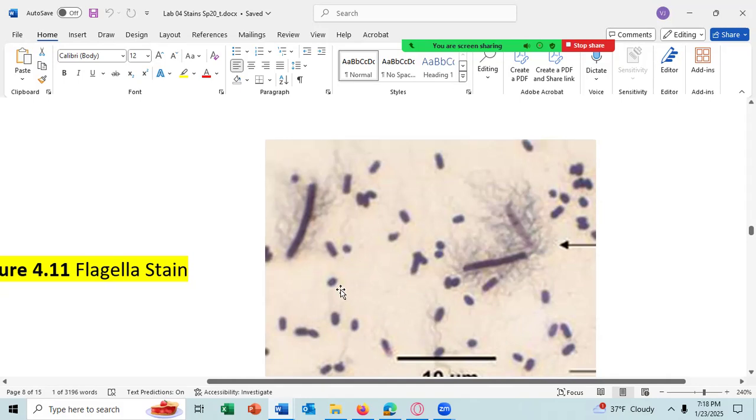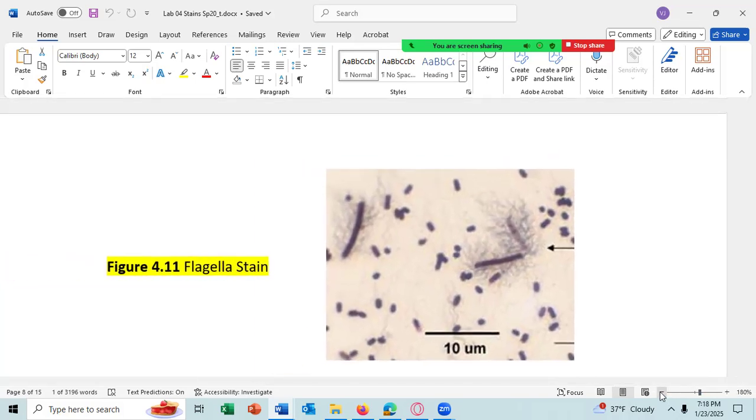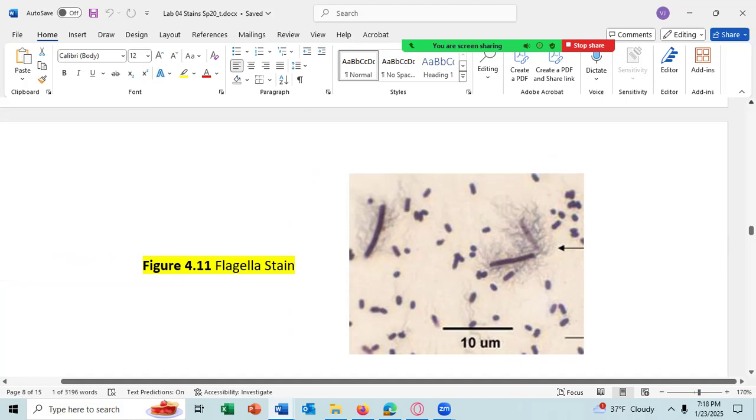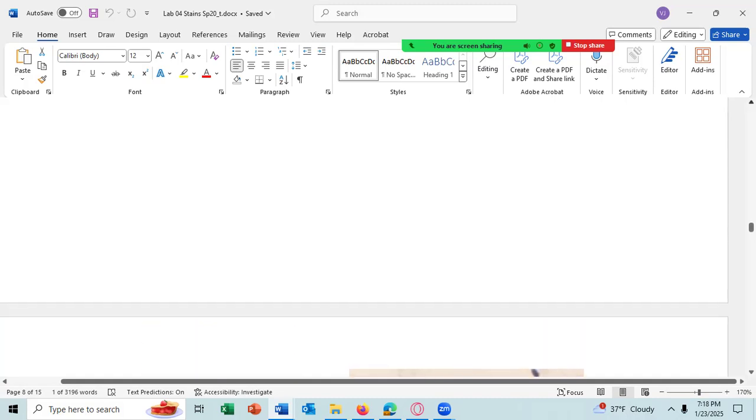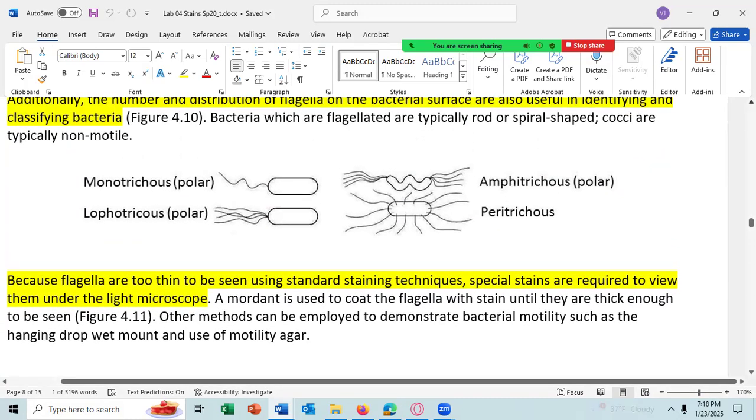And so if we were to look at this cell sometime later in life, it would put out a flagella on one end first, and it would be monotrichous. And then it would add more flagella to one end, and it would be lophotrichous. And then it would add more flagella, and they will come at the other end, and it's called amphitrichous.